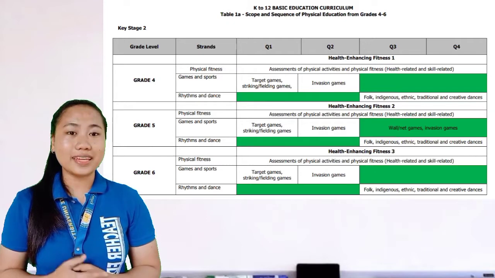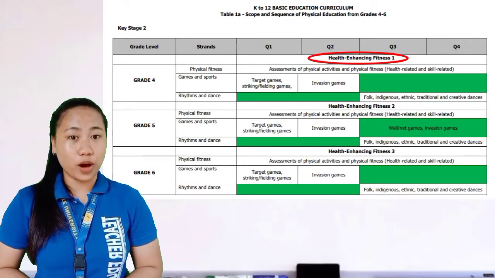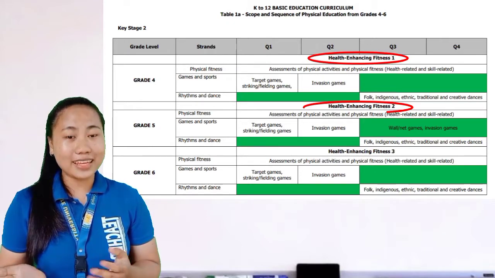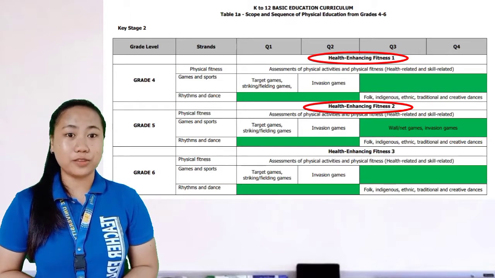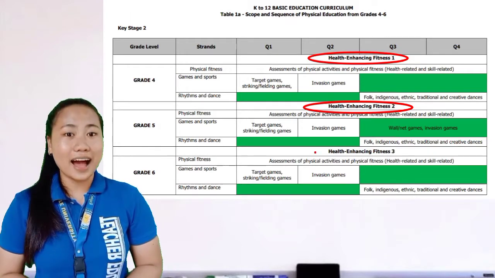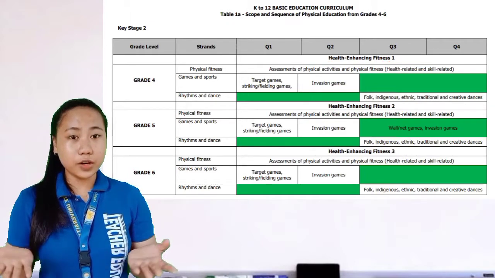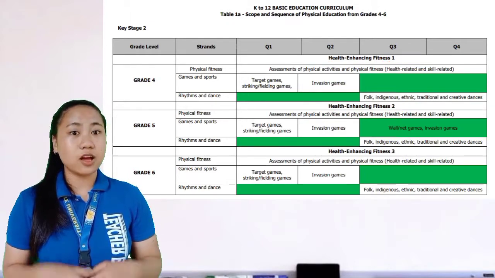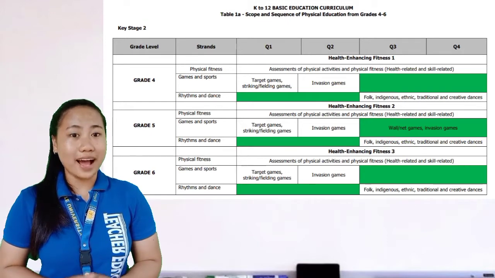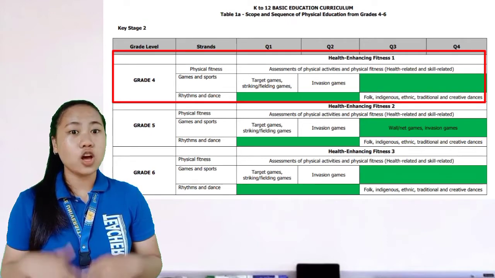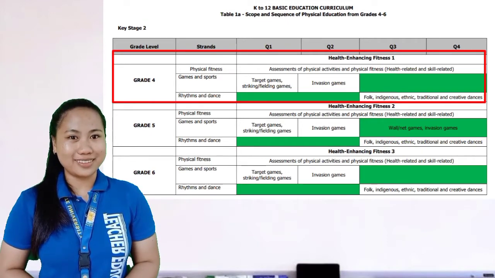The reason why it is Health-Enhancing Fitness 1 for grade 4, Health-Enhancing Fitness 2 for grade 5, and lastly, Health-Enhancing Fitness 3 for grade 6. So later on, we are going to discuss that. But for now, let's proceed to Health-Enhancing Fitness 1, which is in grade 4.